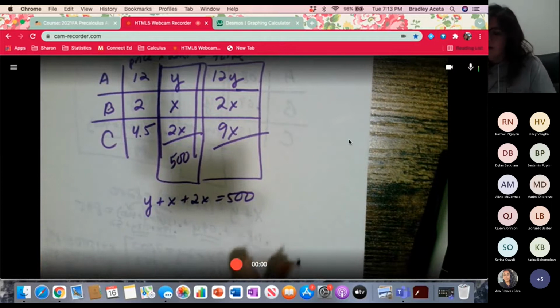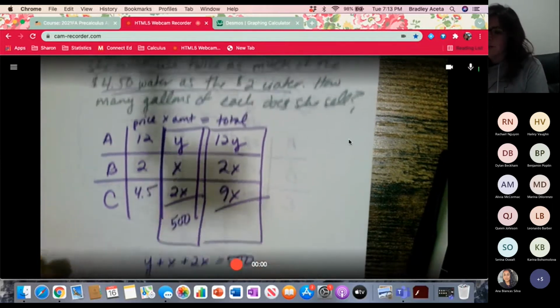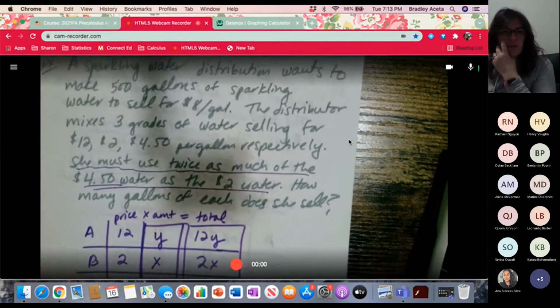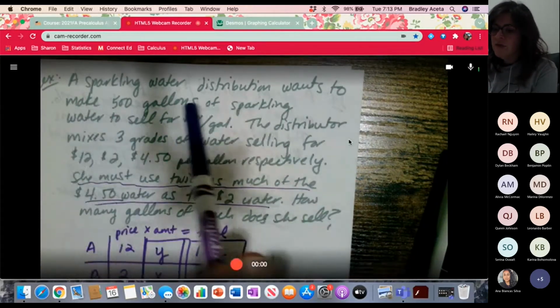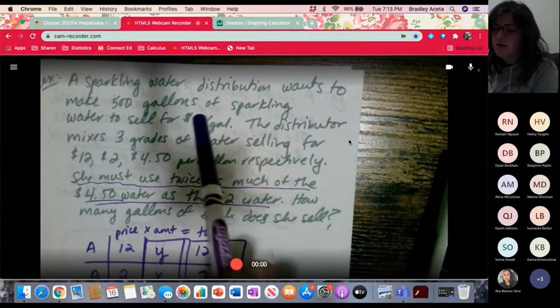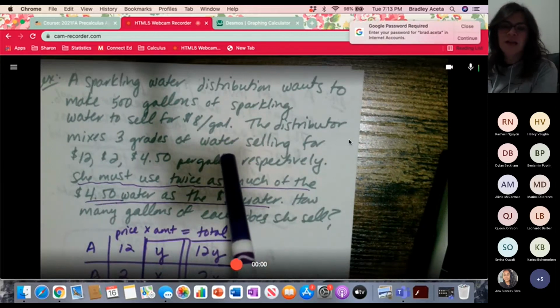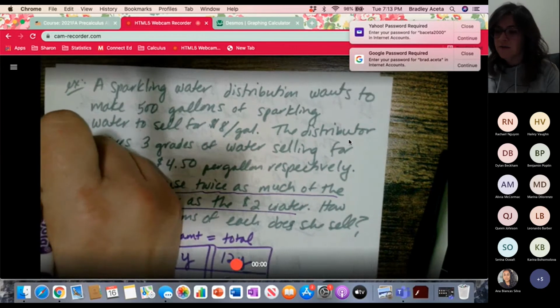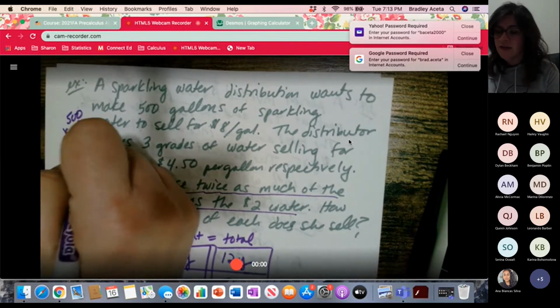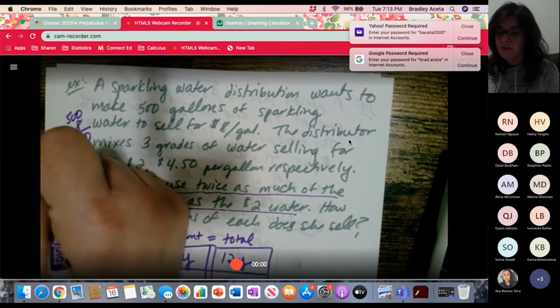Now, where would the price come from? That's the question. So I don't know if you caught on to the first part, but it said sparkling water distribution wants to make 500 gallons of sparkling water to sell for $8 per gallon. So you're selling 500 gallons of water at $8 a gallon. 500 times $8 a gallon is $4,000.